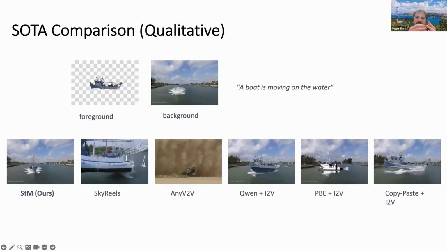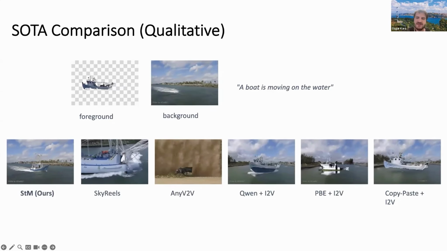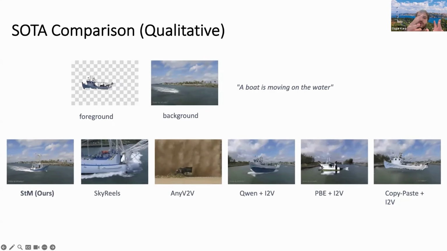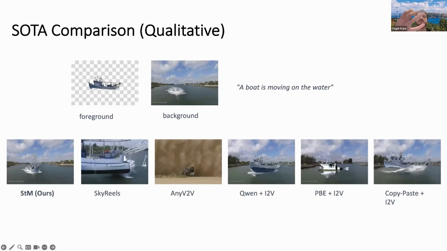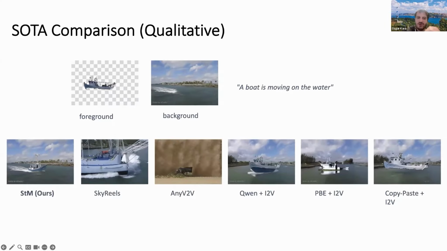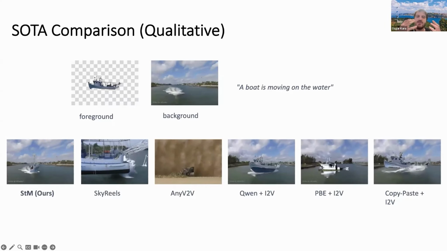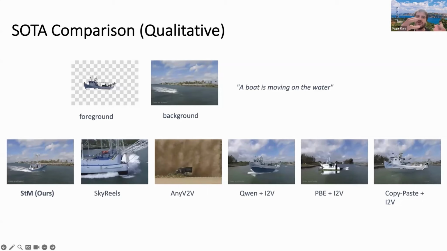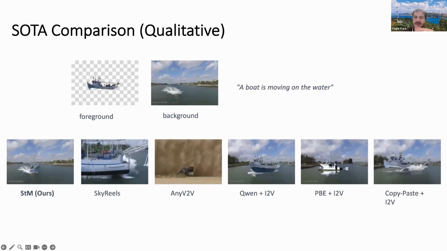So this is very hard because of the water interaction and because of the affordance awareness of the foreground with respect to the background. The water in the background is looking towards the camera, whereas in the foreground, the boat is moving to the left. So it needs to somehow change the pose of the boat to make it look more realistic.